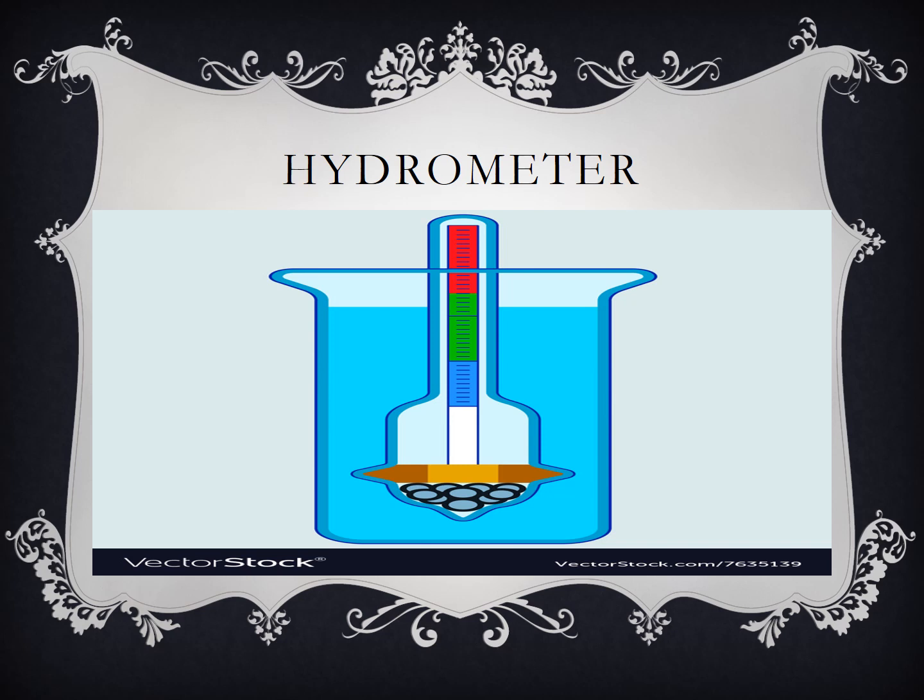And alcoholometer for measuring higher levels of alcohol in spirits. Three hydrometer examples are given here. Lactometer measures the density of milk.